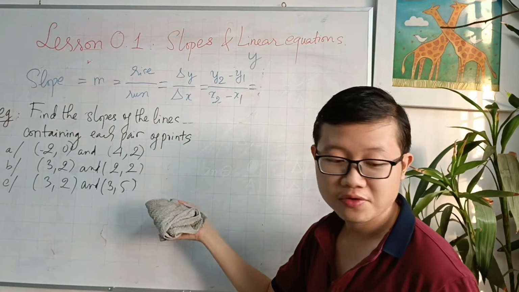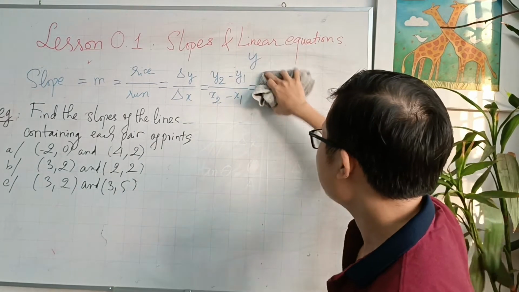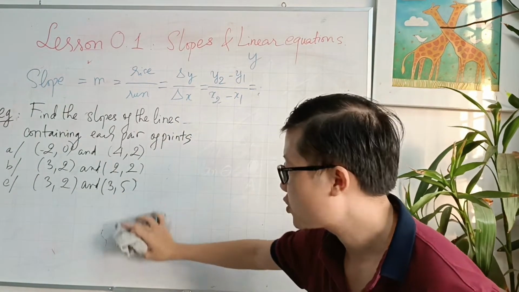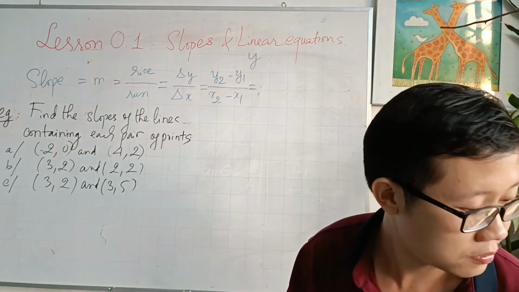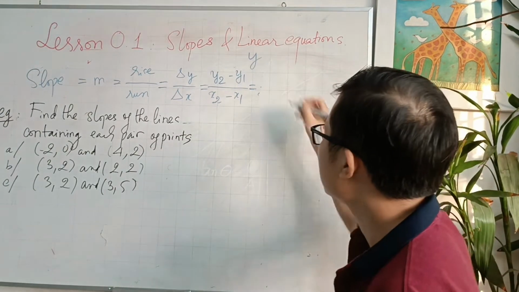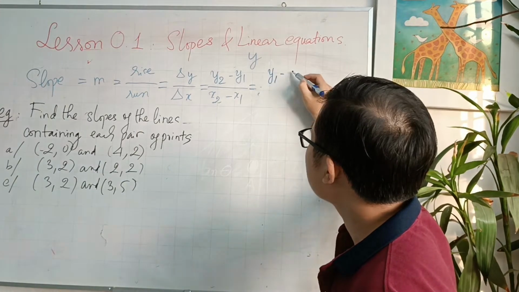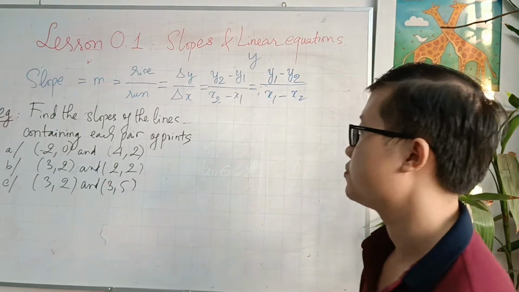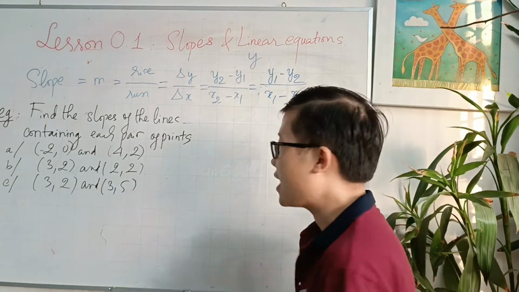It is easy for you. It is very easy when you learned mathematics in secondary school. These lessons are very familiar to you. Okay, y1 minus y2 over x1 minus x2. So we do it together.